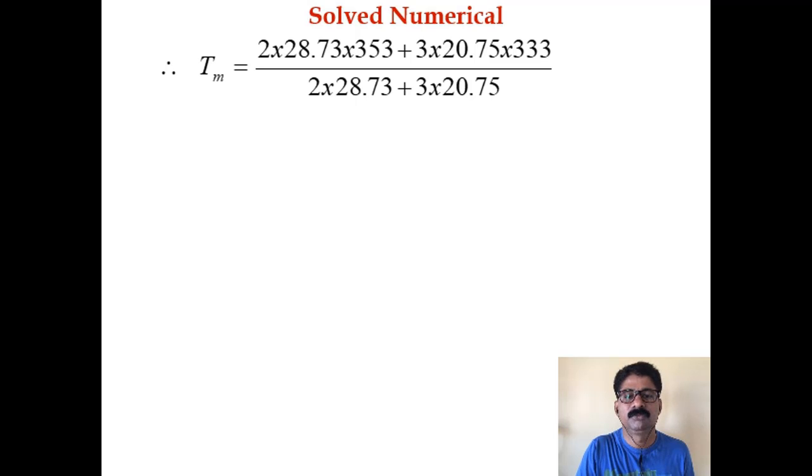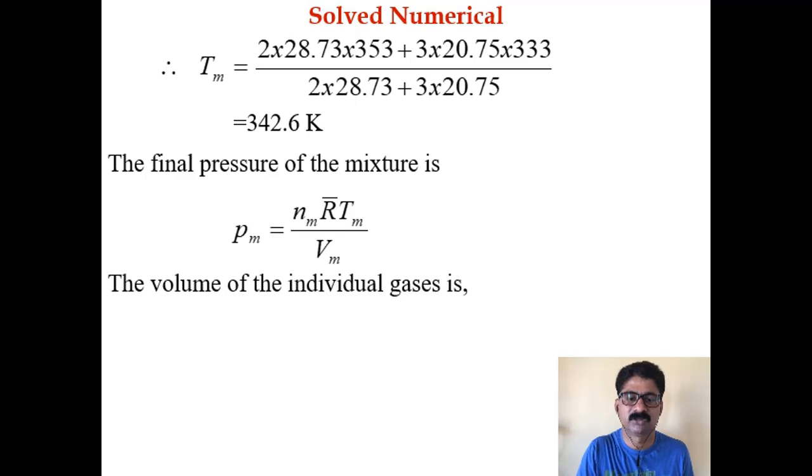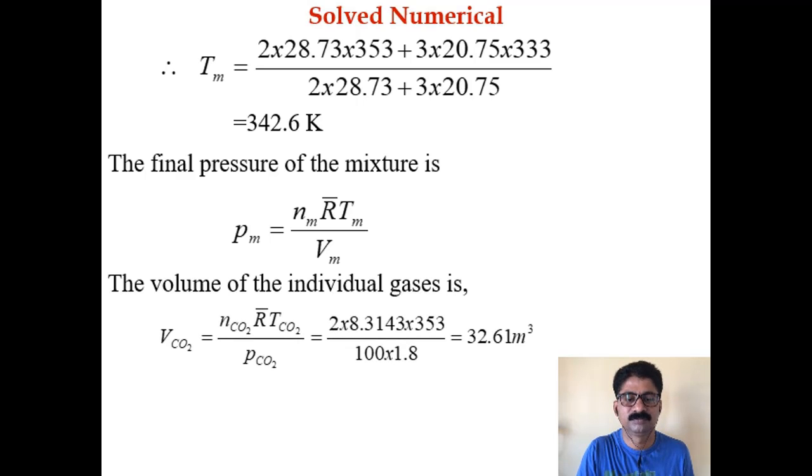Now, if you make the substitution in the formula for the equilibrium temperature after mixing, it is 342.6 Kelvin. Now the final pressure of the mixture Pm is equal to Nm R bar Tm by Vm, from the gas equation. So the volume of the individual gases, VCO2, is equal to NCO2 R bar TCO2 by PCO2.